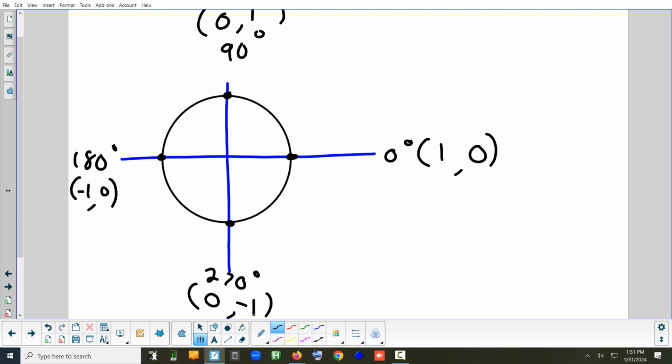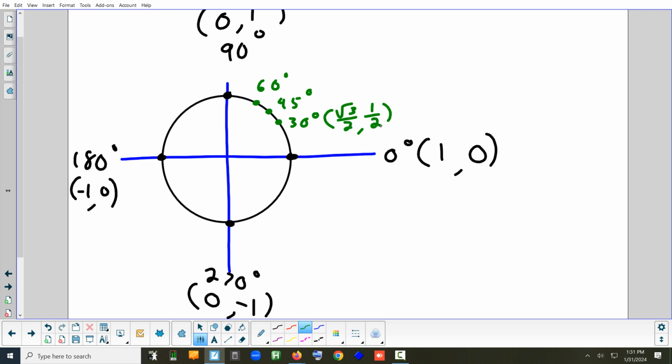And then yesterday we added in the 45, the 30, and the 60. So 30, 45, 60. What was the coordinate for 30? Square root of 3 over 2, 1/2. Yep.